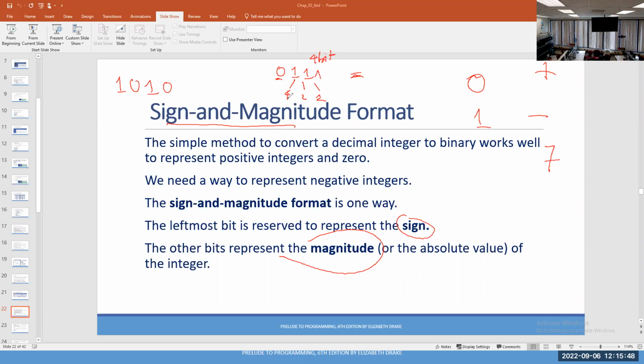Yes, -2 is correct. The leftmost bit is the sign. This one, number 1, means negative. This one is 0, this one is 2, and this one is 0. So you have -2. Make sense? Any questions so far?